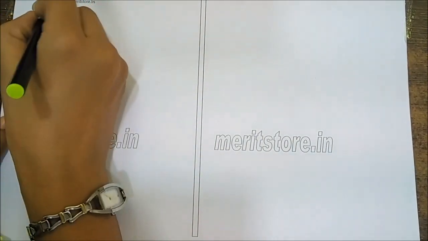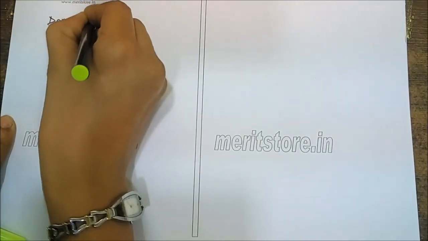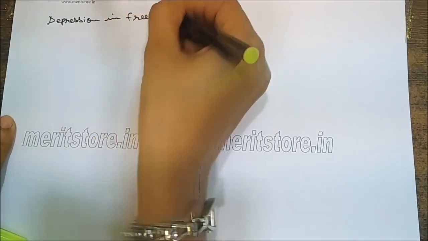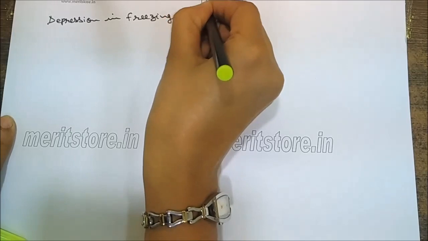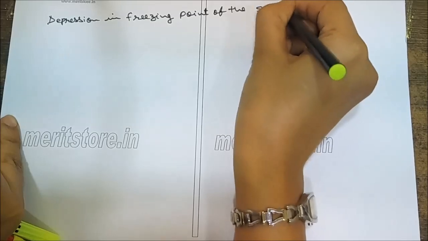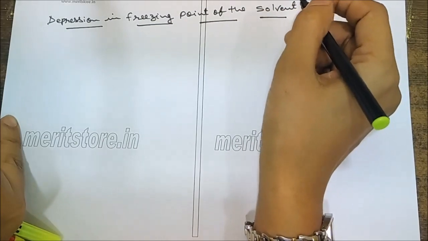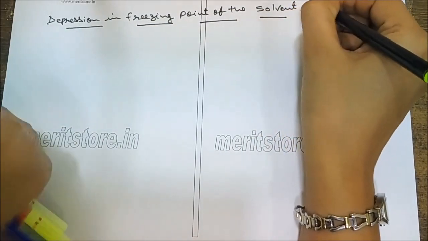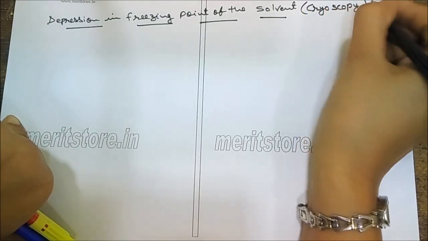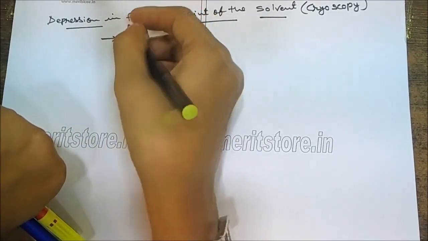Our next colligative property is depression in freezing point of the solvent. The study of depression in freezing point of the solvent is called cryoscopy. First, we'll study what is freezing point.